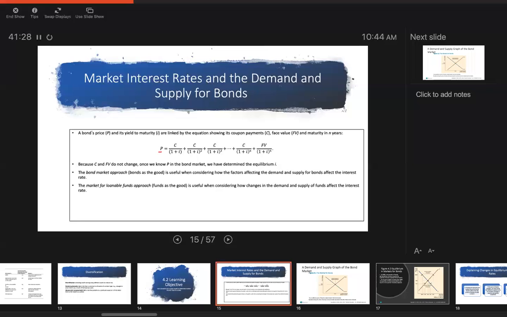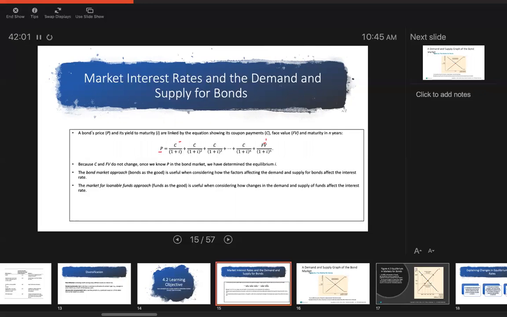So if you buy a bond, the bond will pay these coupons, and then in this last period, when it matures, will pay off its face value as well in a bullet payment, and the discounted value of these cash flows, which appear at different points in time, is going to determine what the present value or the price of this bond should be, right? So if you think about it, the coupon payment is determined, right? When you buy the bond, there is a promised coupon payment, and that's not going to change. So C here is constant, FV here is constant, the face value of the bond doesn't change.